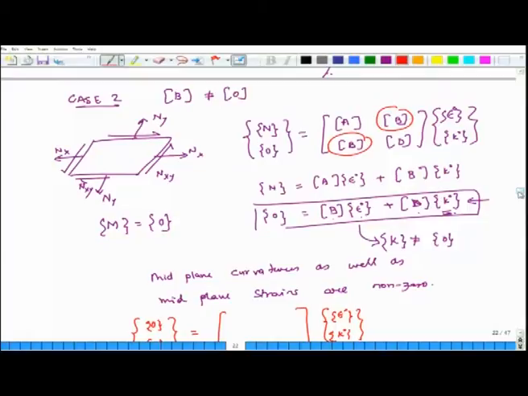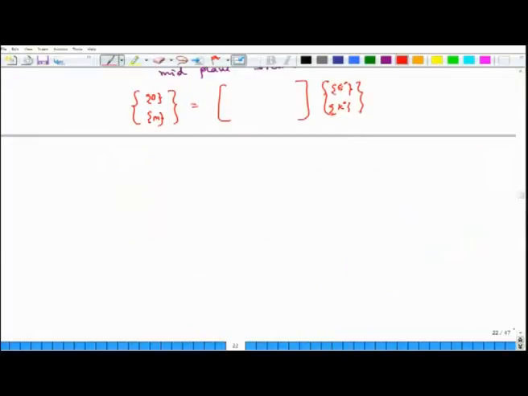So, this is the second case. Let us look at some more cases. So, there is a third case, and here we look at the A matrix in detail.